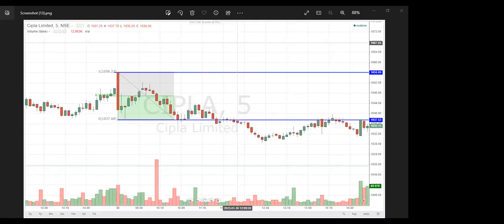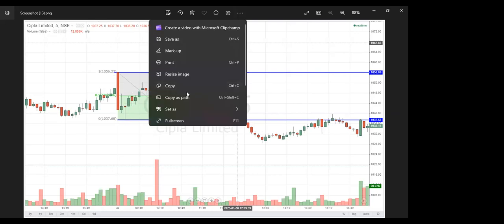You guys can see here also. This is one more stock in the downtrend. This is Cipla Limited on the 30th of January, where we got an entry when the candle is trading inside the first candle.